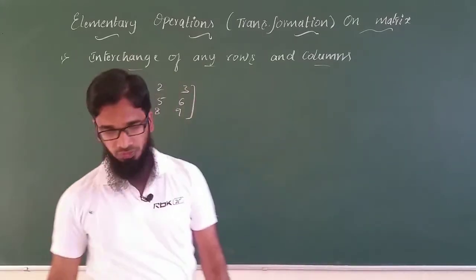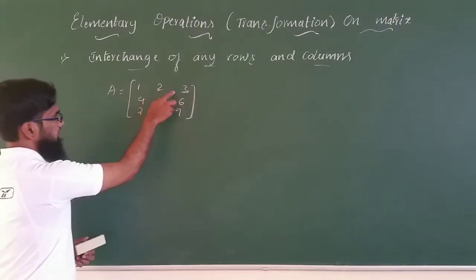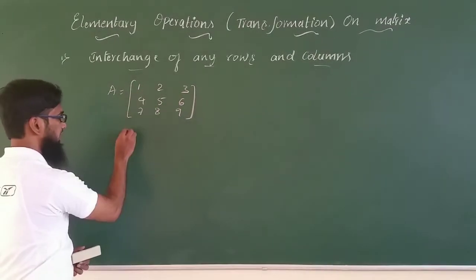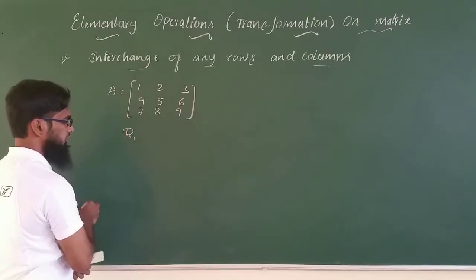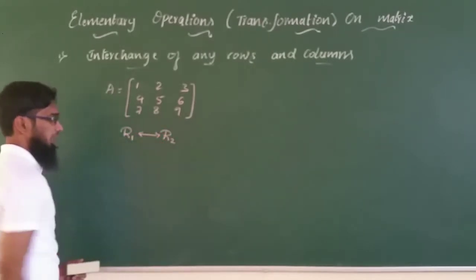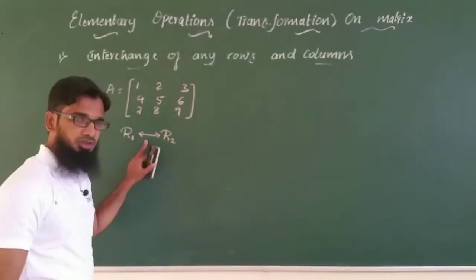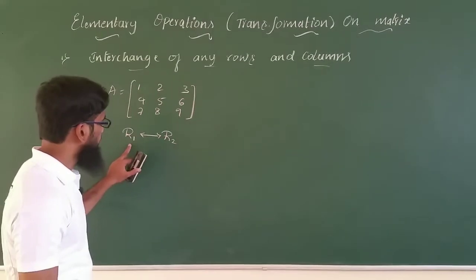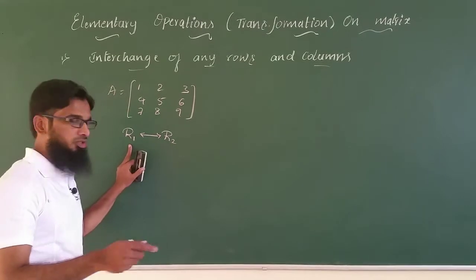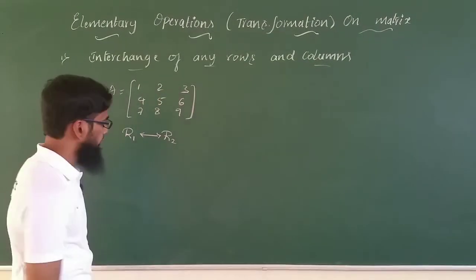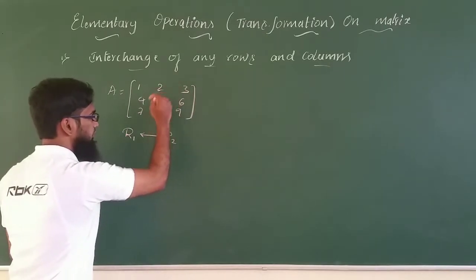If this is R1 and this is R2, we can represent this operation with a double arrow, R1 double arrow R2, which means we are interchanging the complete row 1 with R2.